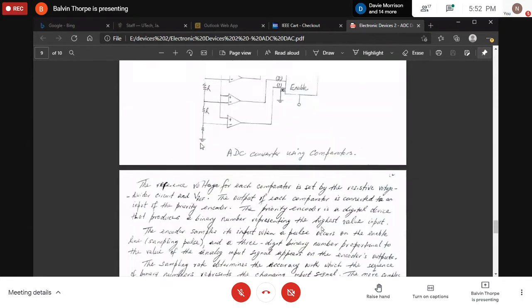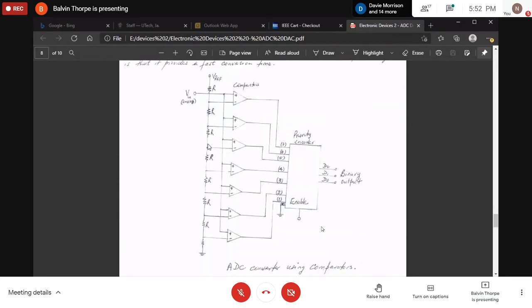So again, look at the diagram. Notice something? We have how many inputs? 8 inputs, starting with 0 being grounded, because if you don't want any voltage on this, it's going to be grounded, right? And then we have from 1 to 7, which gives us 8 inputs.